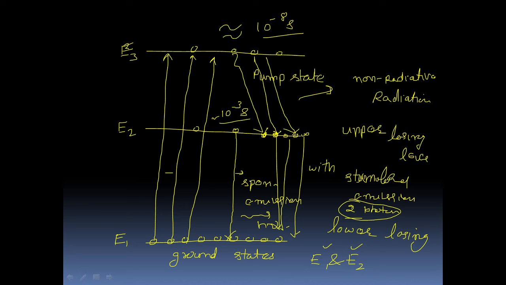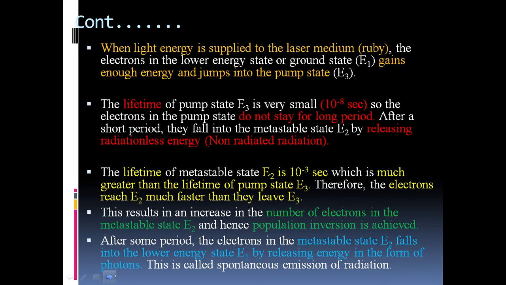When the photons come out from the spontaneous transition, they move randomly here and there, and they collide with the electrons in the metastable state, and forcefully make them fall down to the ground state, and give two photons of equal frequency in a required direction.